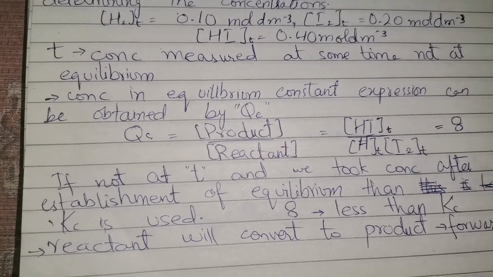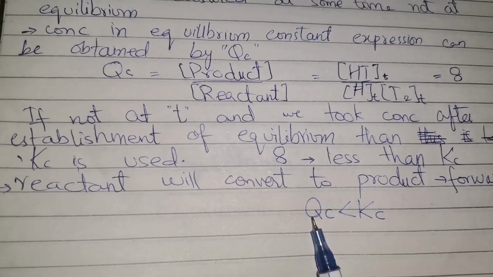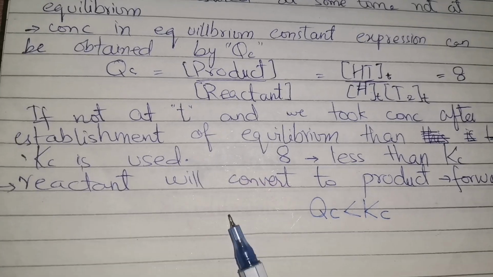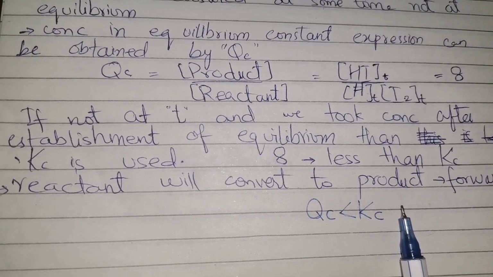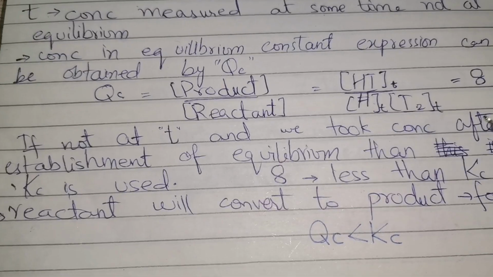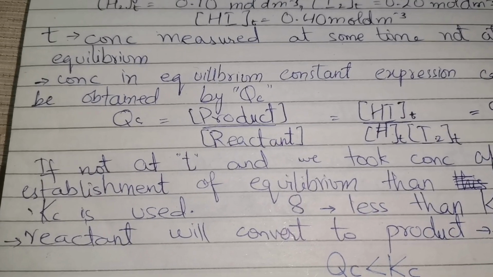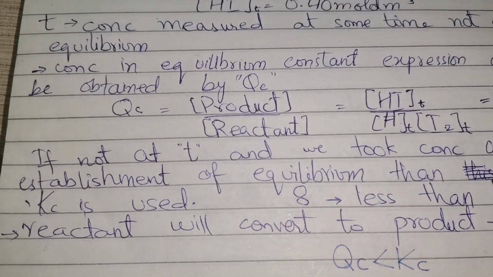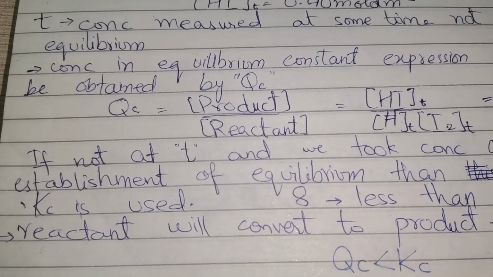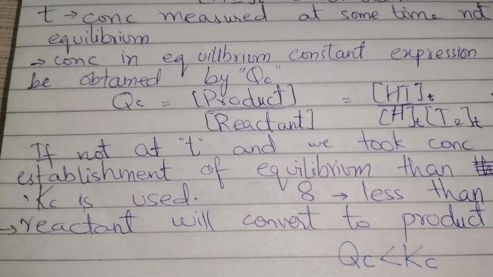So when Qc is less than Kc, it means that the reactant will convert into product, which means that the forward reaction will take place. There are 3 conditions: the value of Qc is less than Kc, Qc is more than Kc, or Kc is equal to Qc. In these conditions, we will know whether the reaction will move in the forward direction or not.